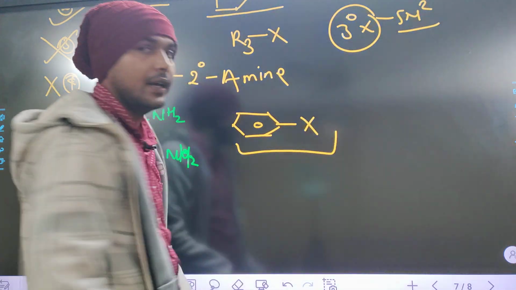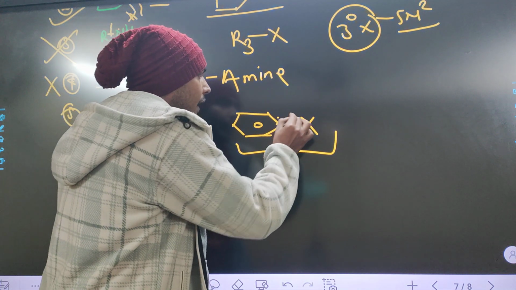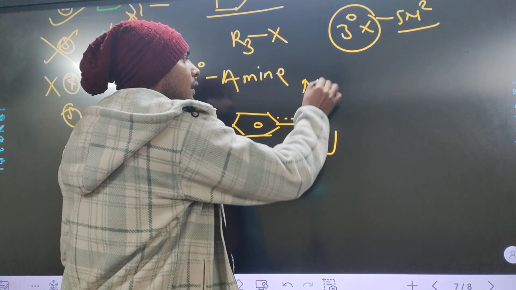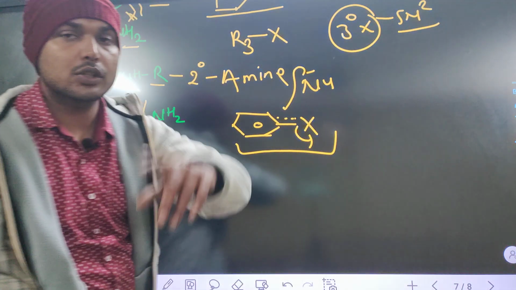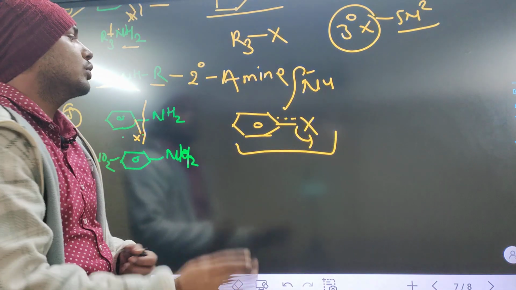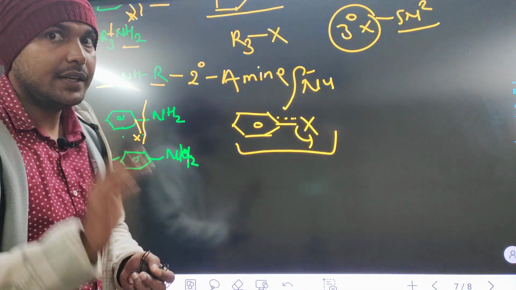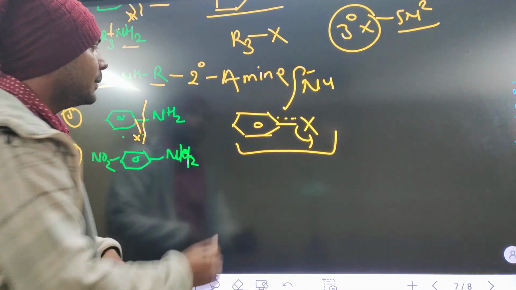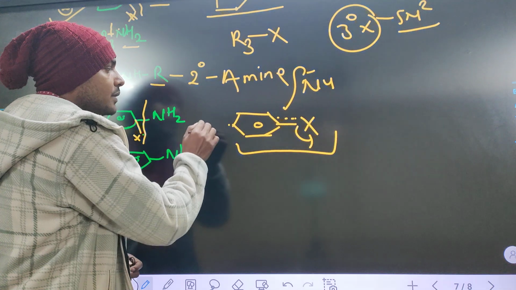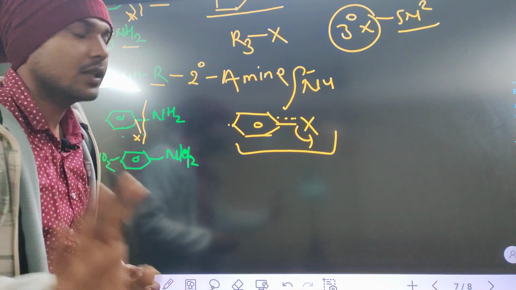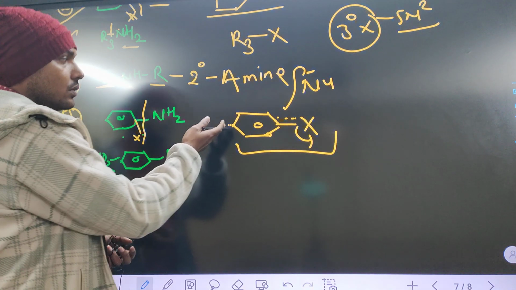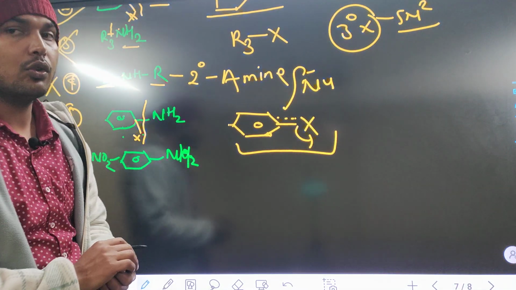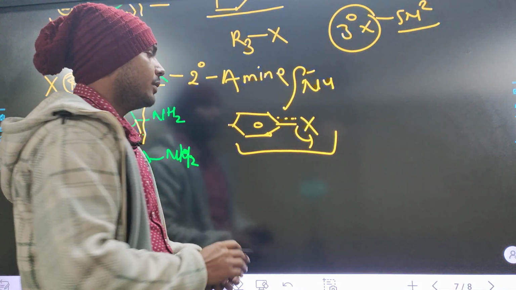Due to the partial double bond character here, the nucleophile cannot attack here, and it cannot leave the X group. But this reaction can happen if an NO2 group or other electron withdrawing group is present at the ortho or para position. Here no electron withdrawing group is present. That's why this reaction cannot be carried out.